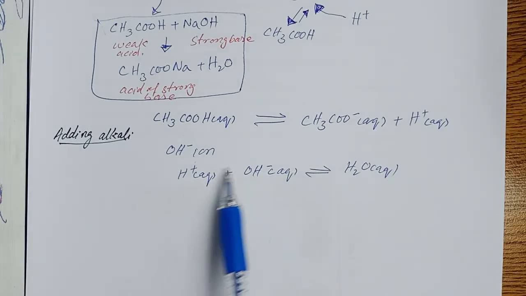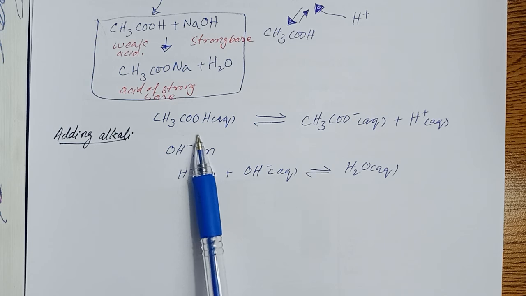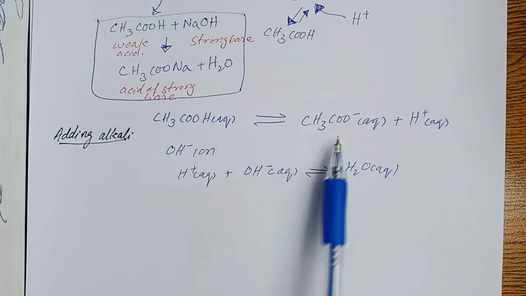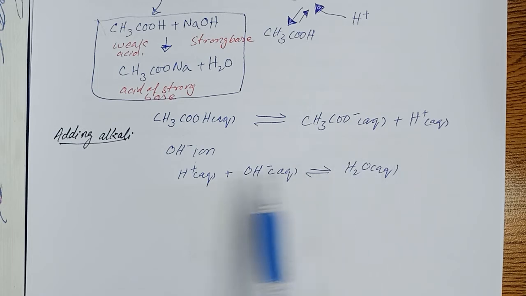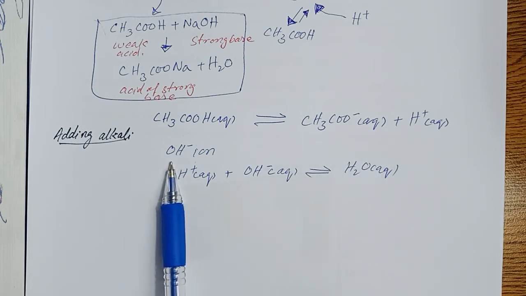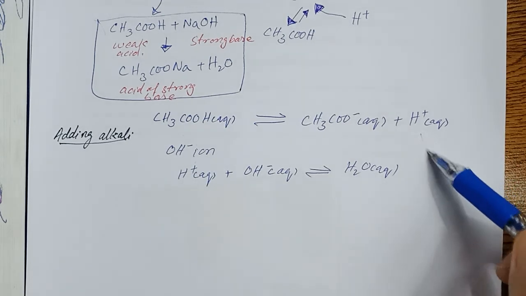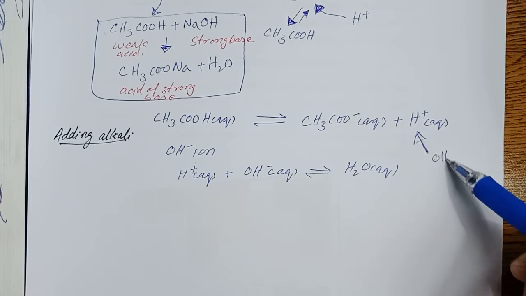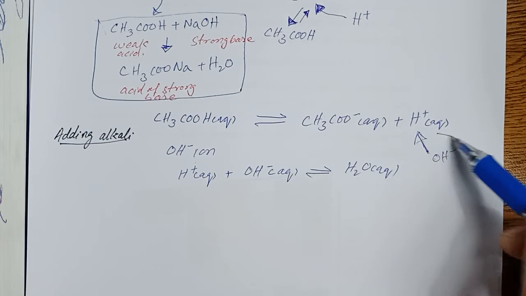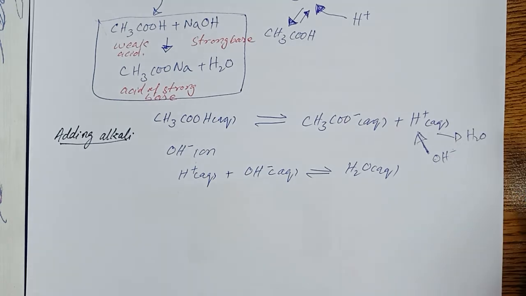So here we have an equilibrium that is established between the acetic acid and the dissociated species, and when the alkali or the base is added to this solution, the base will react with hydrogen ion to generate water molecule.